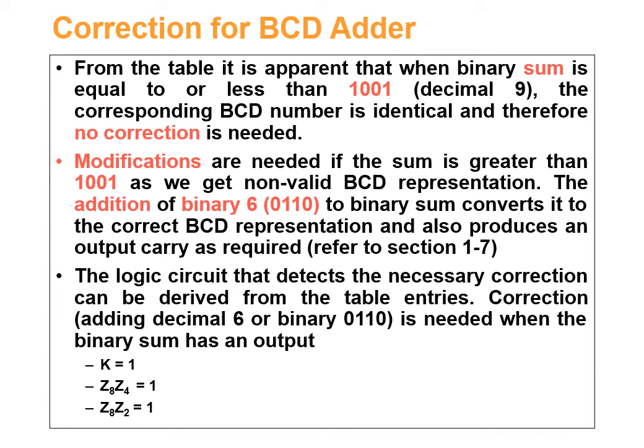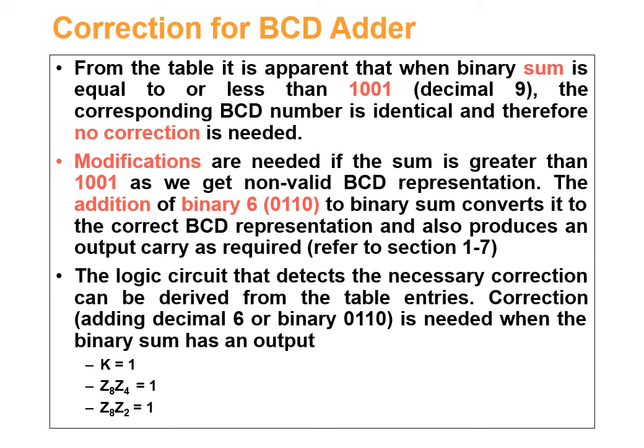The problem is to find a rule by which the binary sum is converted to the correct BCD digit representation of the number in the BCD sum. In examining the contents of the table, it becomes apparent that when the binary sum is equal to or less than 1001, the corresponding BCD number is identical and therefore no conversion is needed.